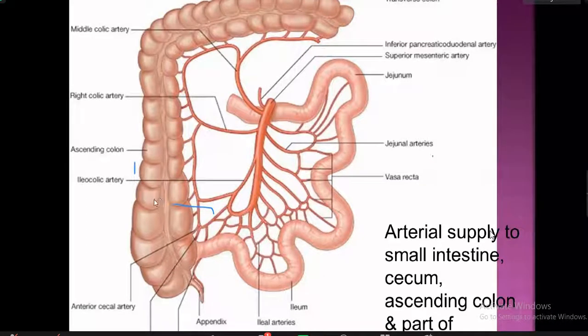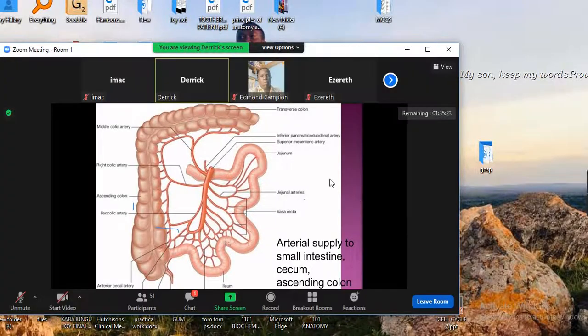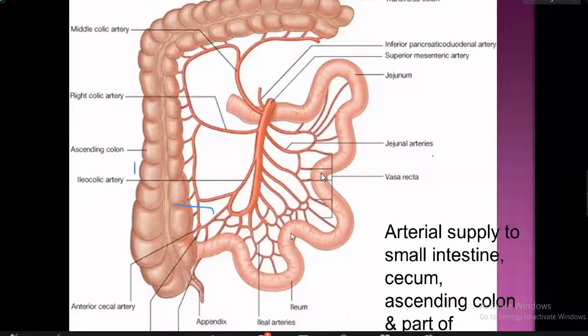If you compare the large intestine on the left and the small intestine here, you see that it looks different. Don't think of size, because in the event that there's obstruction, this small intestine may become dilated, almost the size of this large gut. Size alone is not enough to differentiate between small intestine and large intestine.